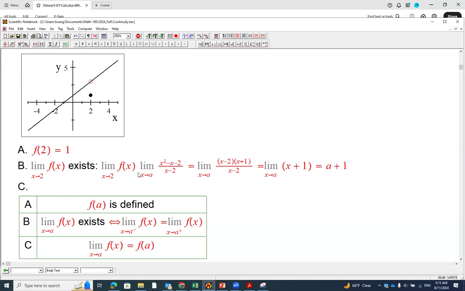So that's equal, and that's 2, and that's 2. Then direct substitution: 2 plus 1, that's 3.